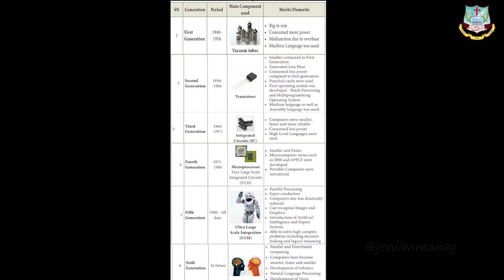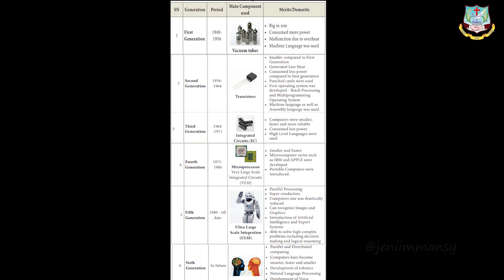Okay, so when you are writing, you must keep in mind that we have 6 generations, so you will have 6 rows, and in each rows you will have to write the year, that is period, and then main component used. You don't have to draw that, you can just mention the names: vacuum tubes, transistor, integrated circuits, microprocessor, VLSI, ULSI, and in future you can just write it there like human brain and robotics, and you can put arrow for them.